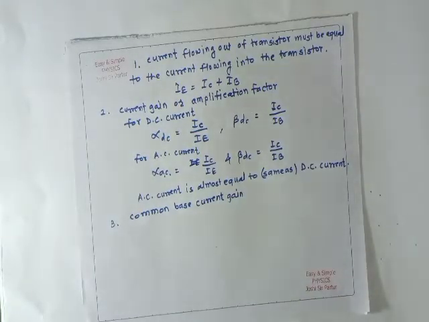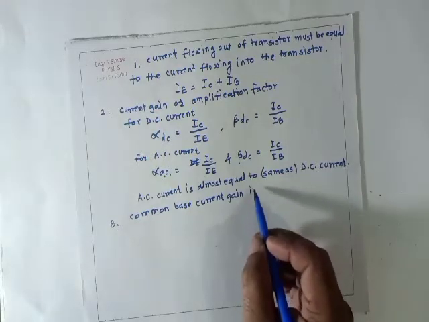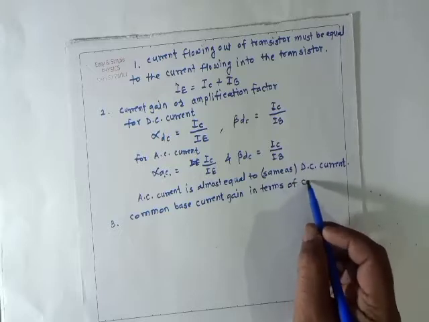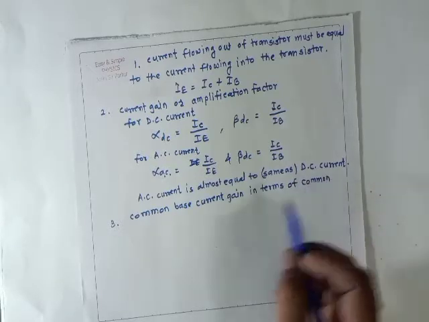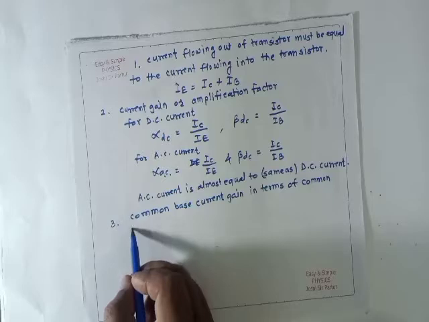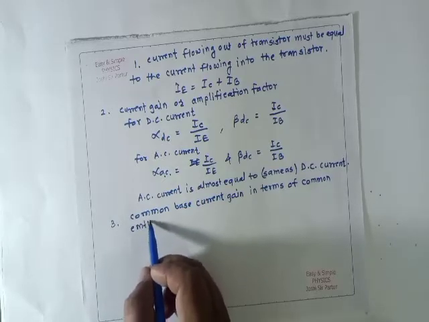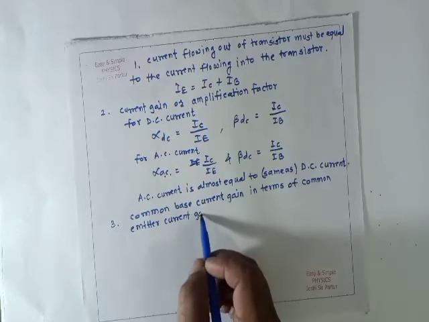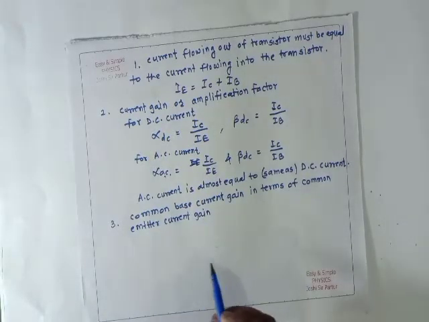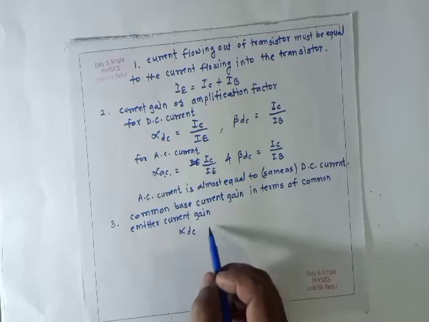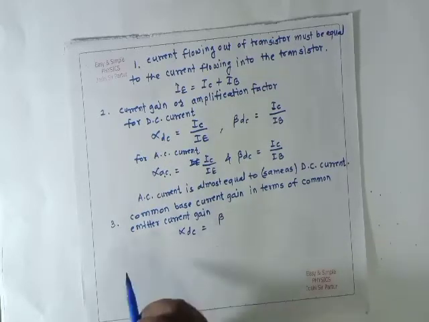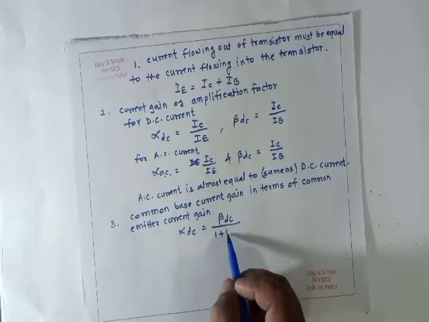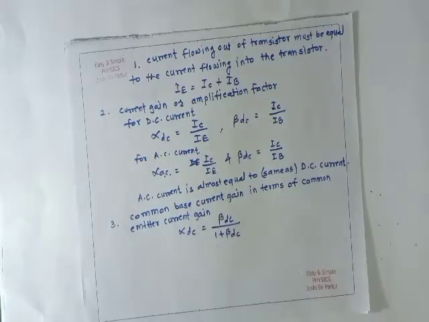Common base current gain in terms of common emitter current gain is alpha DC equal to beta DC upon 1 plus beta DC.